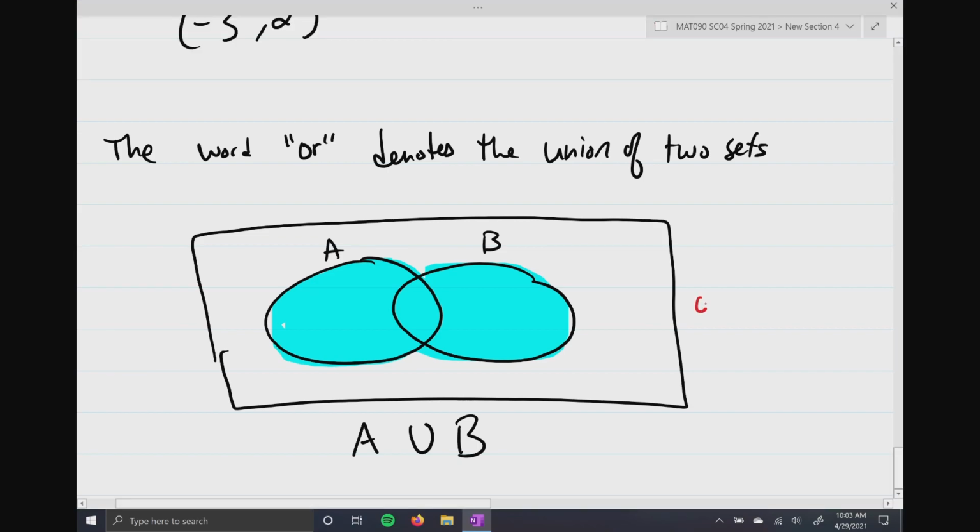In other words, when you check your answer, all you've got to do is make sure it satisfies one of them. That's why earlier in the class I wrote at least one, because at least one means one or two or both. Does that make sense, everybody? All right, so let's look at an example now.